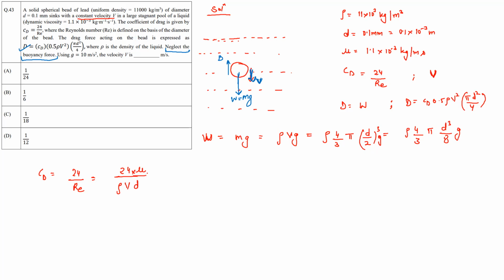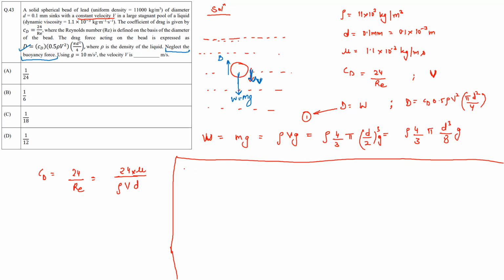So let's plug this into this equation. Let's say this is equation 1. Let's plug everything into equation 1, since everything else is known to us, we only need to find V, and that is what is asked in the question. So let's try to do that.